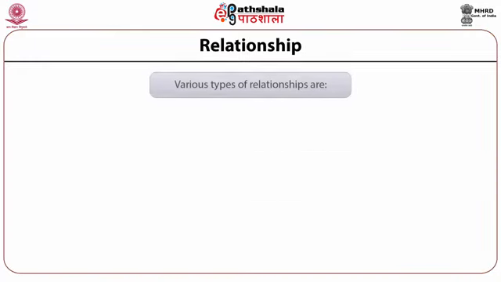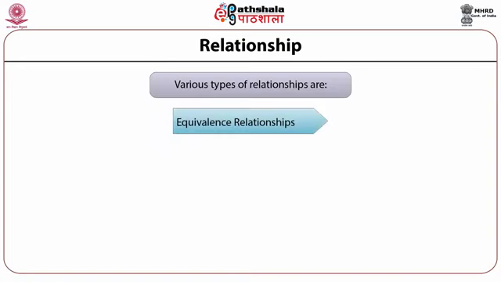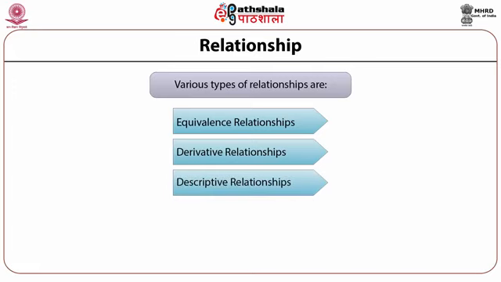There are various types of relationship. One relationship is equivalence relationship, another is derivative relationship, third one is descriptive relationship, then you can say whole-part relationship. Now, another important factor is users, because the users are the targets of anything we are doing in the cataloging field.